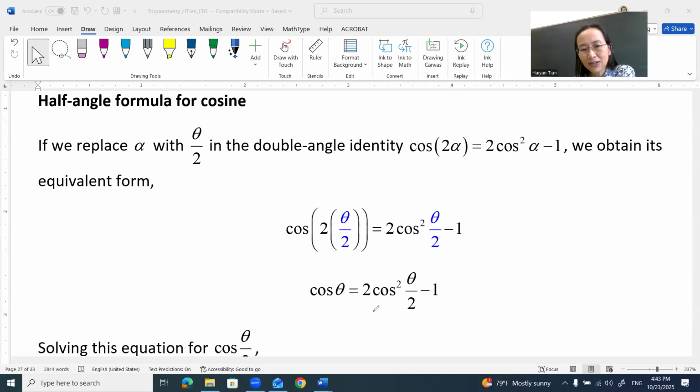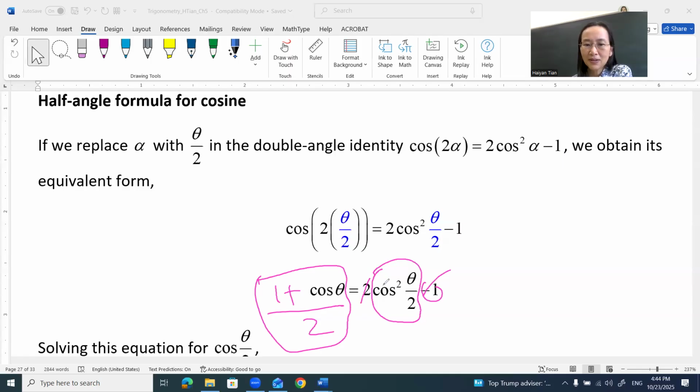But now we can look at how to get a half angle in terms of the function of the angle. So let's add 1 to both sides. If we add 1 to both sides, this will be gone, and this is 1 plus cosine theta. And then we divide both sides by 2. If you divide by 2, then this is gone. So then we can get cosine square of a half angle equals this quantity.